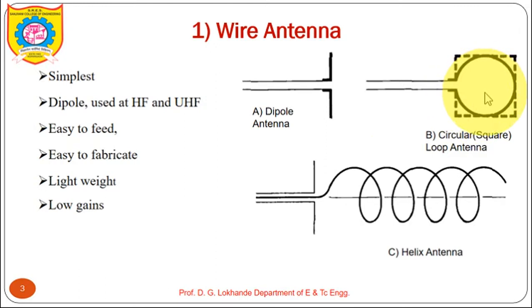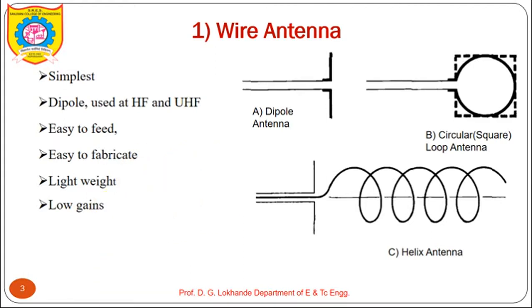Then the third type of wired antenna is the helical in nature. Here we can see the wire is available in a helical manner. The important features of the wired antennas are: simple, dipole, used at high frequency and ultra high frequencies.